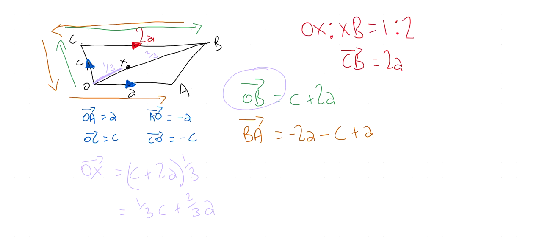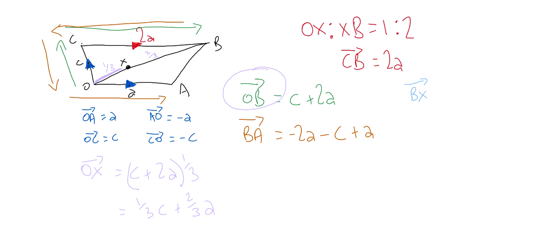Okay, what I'm going to do now is BX. So again, this is going to be weird. We want to go from B to X, but we're not allowed to take this route. So what I need to do is find B to O, and it's 2/3 of that length. So I already know B to O is this way, right?